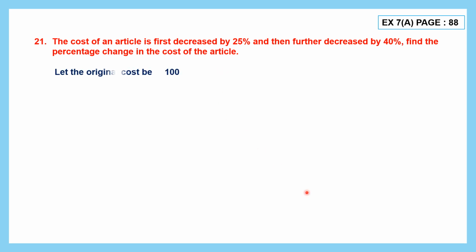So again here also, let's consider the cost of the article to be 100 rupees. Then the decrease in cost is 25% of 100 rupees, that is the original cost. So that will be 25 by 100 into 100. Here again 100 and 100 get cancelled, and what we have left is only 25.